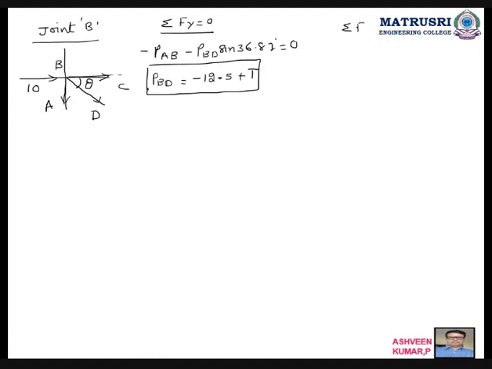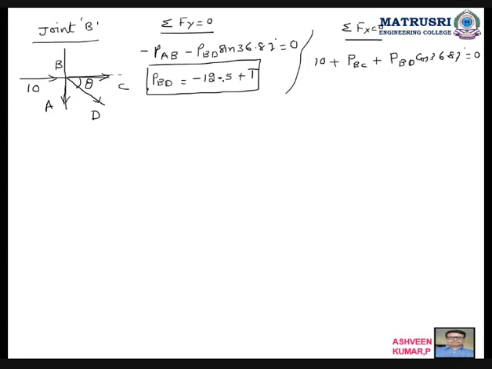Then I'll go for sigma F of x is equal to 0. F of x, right side 10. This is also right side, plus P of BC right side. This is also right side, plus PBD cos 36.87 is equal to 0.